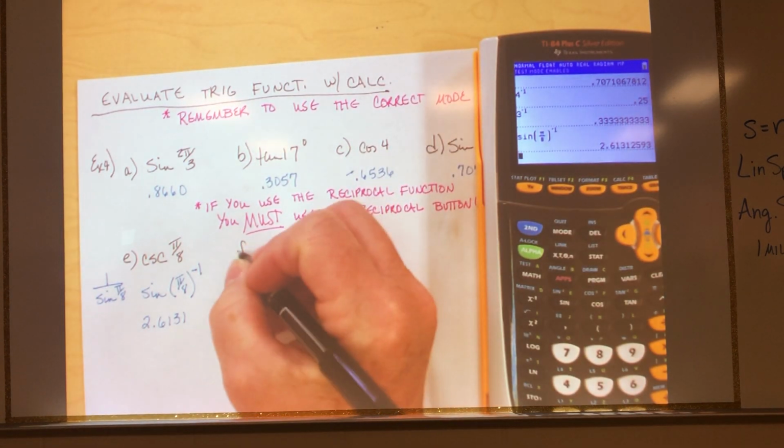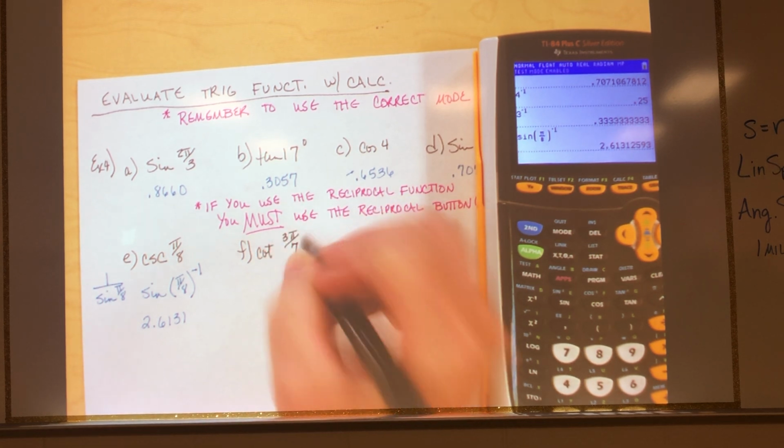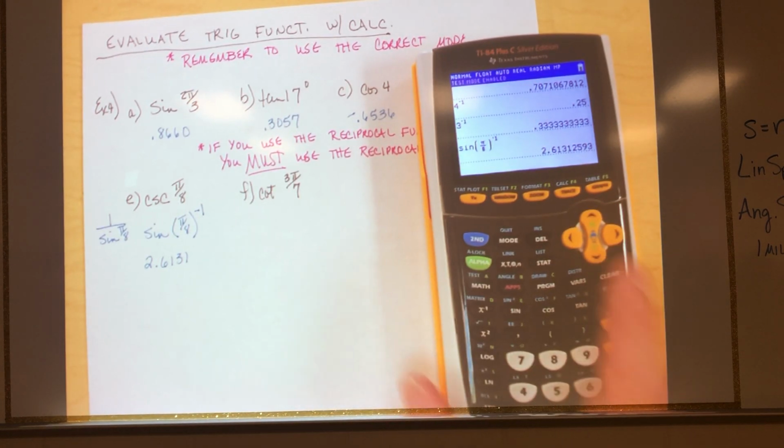Here's yours. Cotangent of 3 pi over 7. Cotangent of 3 pi over 7.